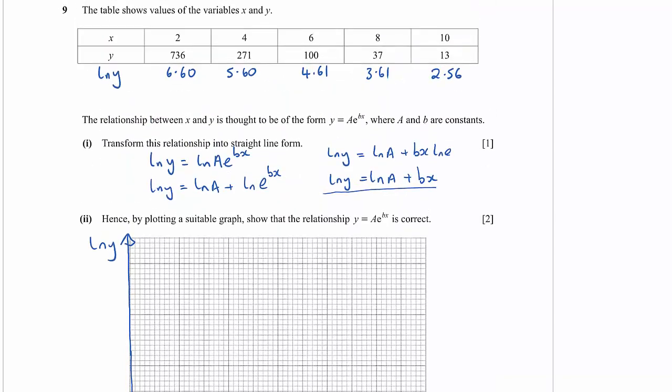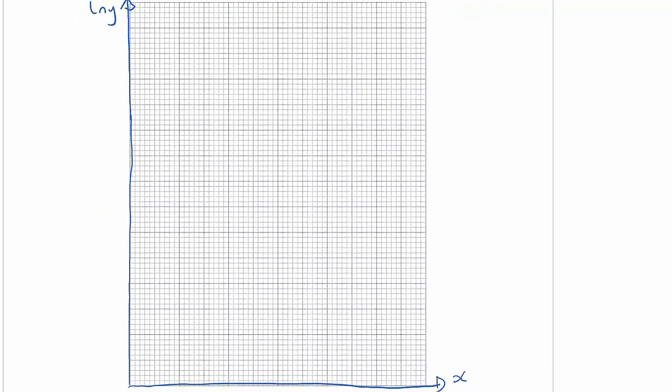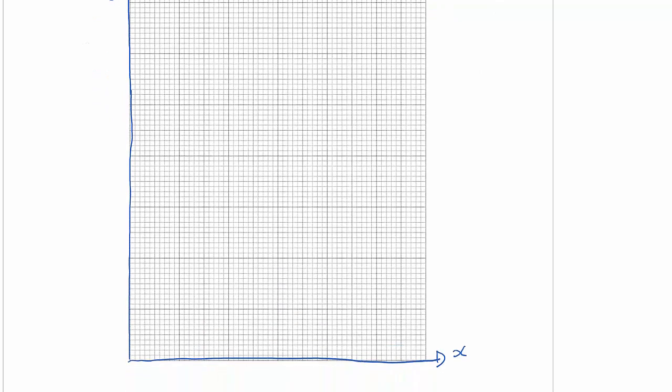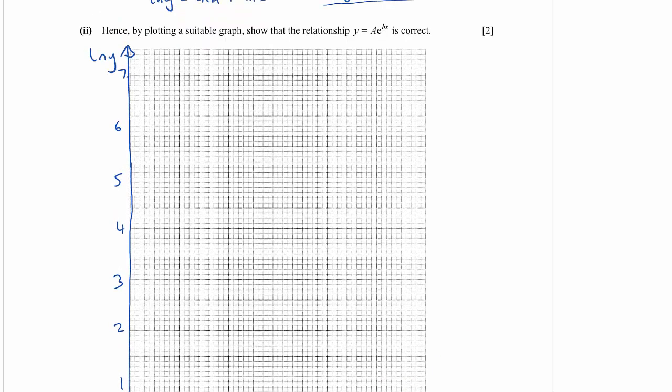We'll have ln y in this direction, and we'll have x in this direction. What are my x values? Up to 10. So across here we're going to go 2, 4, 6, 8, 10. And then up here we're going to go 1, 2, 3, 4, 5, 6, and 7.